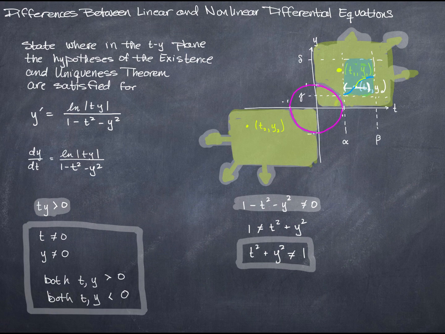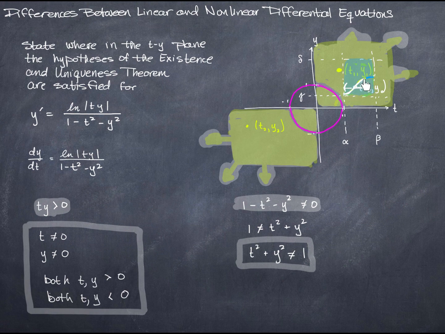Again, I'm struggling to find a pen color that actually does the job here. This function that I've drawn in this interval, there's my t naught, y naught, so t naught minus h and t naught plus h. There's a function that goes through that point that is a solution to my original differential equation. It probably doesn't look like this.